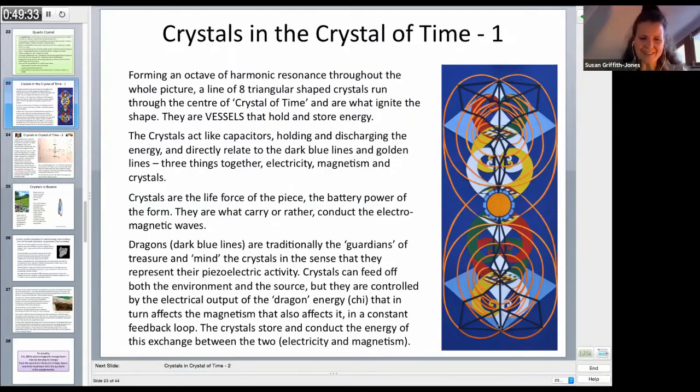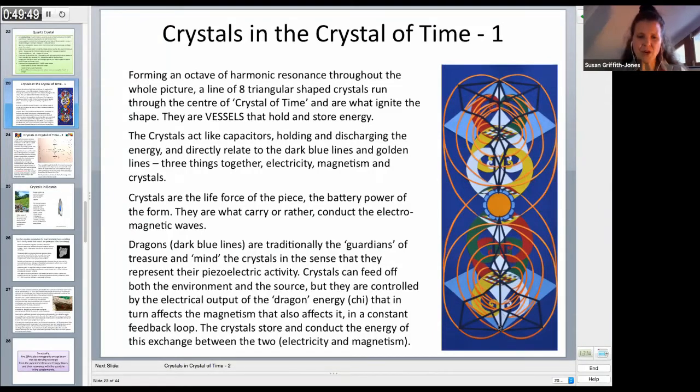So the dragons, which are the dark blue lines, are traditionally the guardians of treasure and mind, in a certain way, mind the crystals, in the sense that they represent their piezoelectric activity.